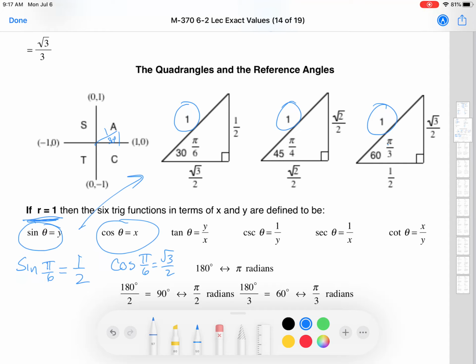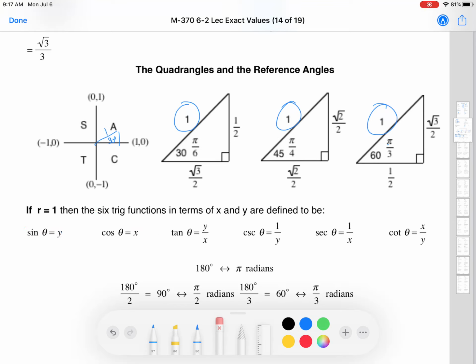Now, tangent of pi over 6, they're saying is y over x. And this is why he's having you do that relationship there. So that one's a little bit hard to see because I'm sandwiching in there. So I'm going to erase a little bit here. And so sine and cosine are just right on the angle.